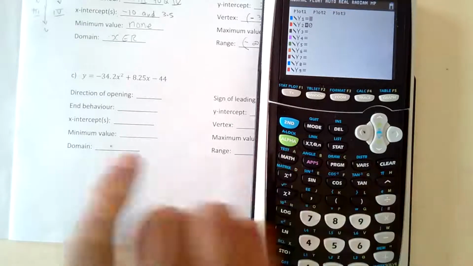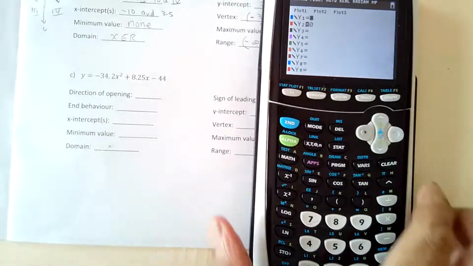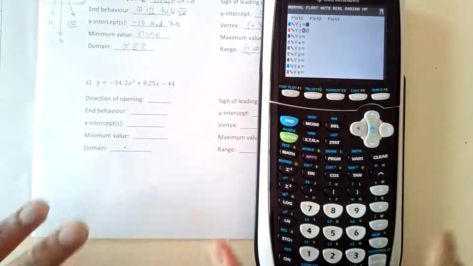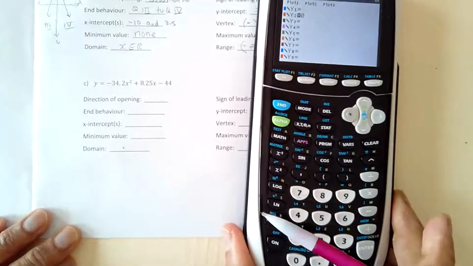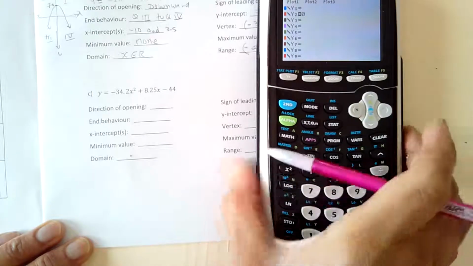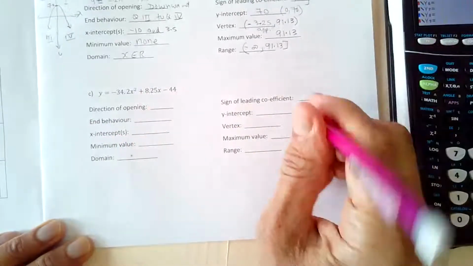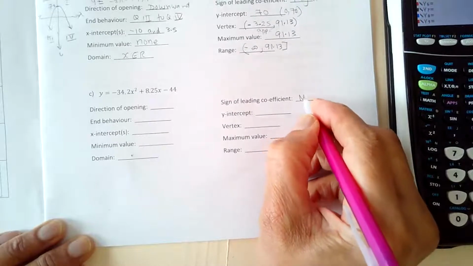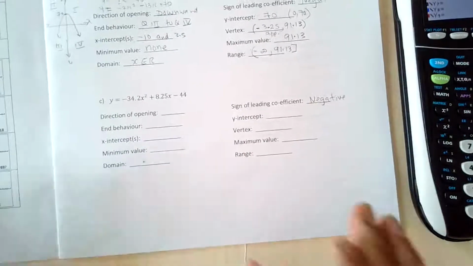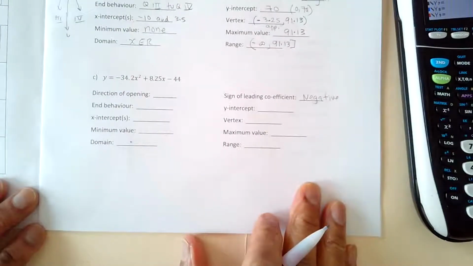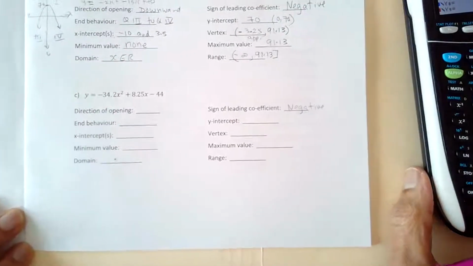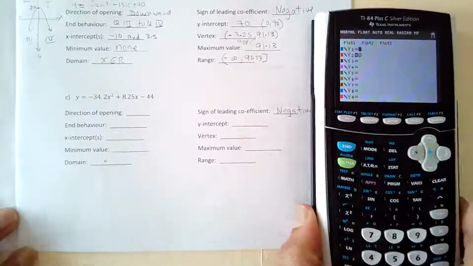Now, as a reminder, because sometimes you forget, whenever you're entering the leading coefficient being negative, which we know here right now, we put negative here.